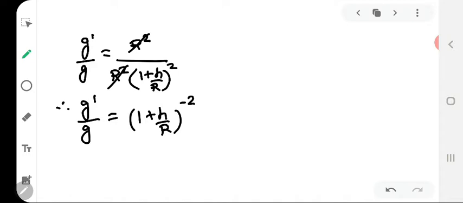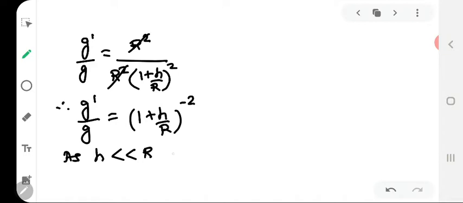Now expanding the right hand side of this equation using binomial theorem, we know that h is very small as compared to r. So in case of using binomial expansion, we may ignore the higher order terms due to their extremely small values.